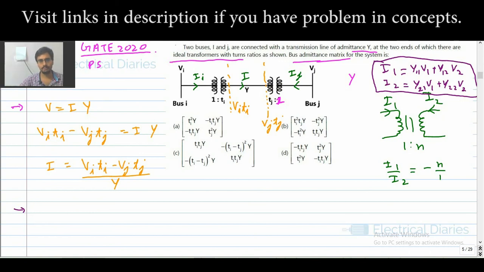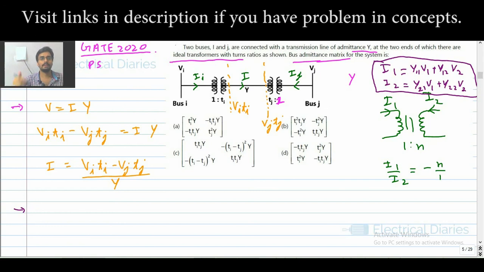You could also take this from the understanding of the equivalent circuit of the Y bus, the admittance matrix in the two-port network, the equivalent circuit diagram that we make. There we take the voltage and current entering from both sides.